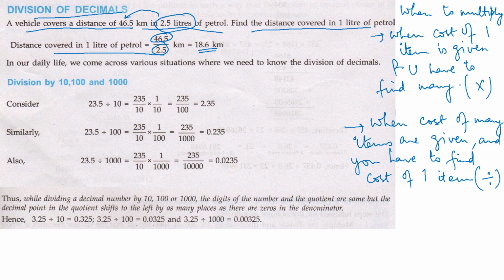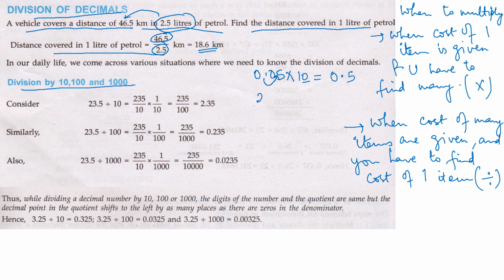Now, how does the division of a decimal number by 10, 100 and 1000 take place? Remember the multiplication? When we were multiplying, let us say 0.05 into 10, then what was happening? The decimal was shifting to the right. So 10, one place to the right. So the answer was 0.5.